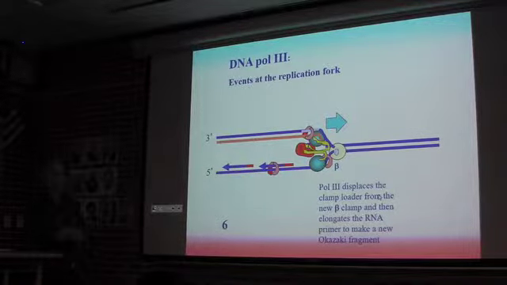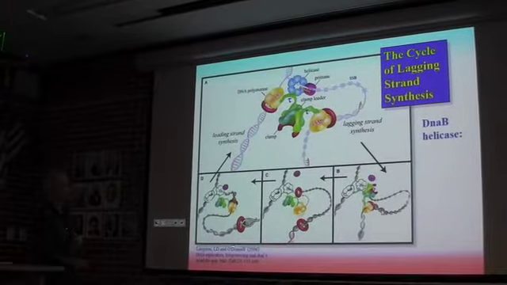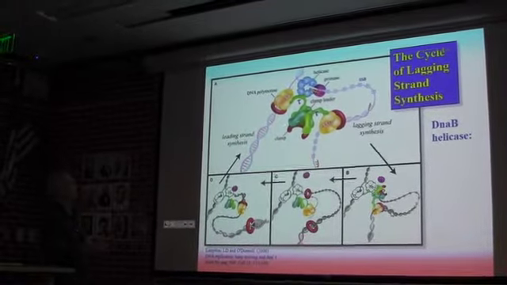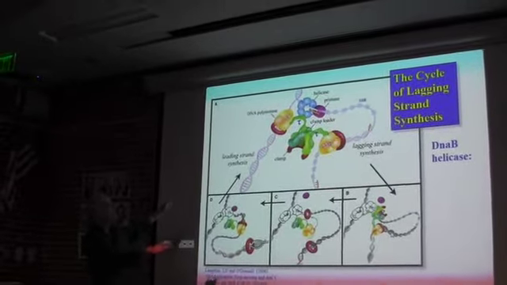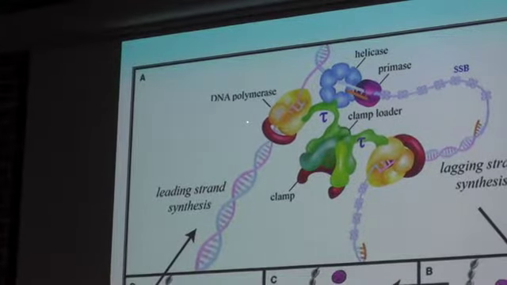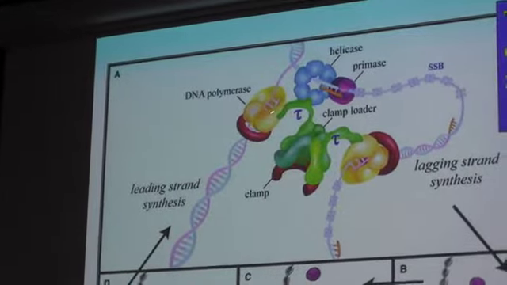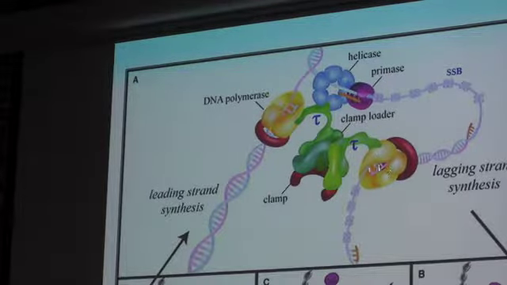So you should be able to kind of talk your way through all the steps. This is some from various review articles. You get a little better picture of it. The clamp here is red. Here you see the clamp loader, the two taus, and here you see DNA polymerase, one of the catalytic subunits. Here you see the other catalytic subunit.